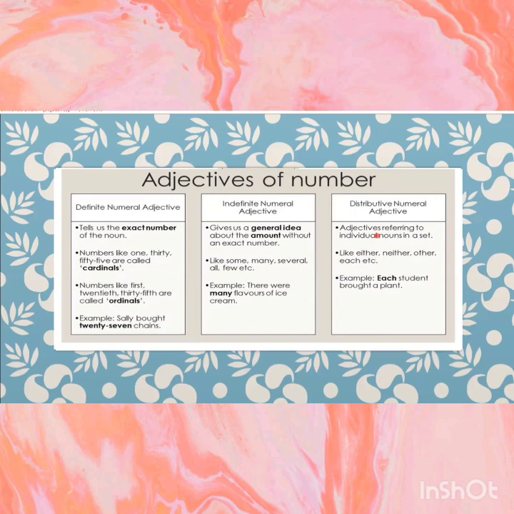The next category is the distributive numeral adjective. Adjectives referring to individual nouns in a set. For example, either, neither, other, each, etc. The example shown here is, each student brought a plant.